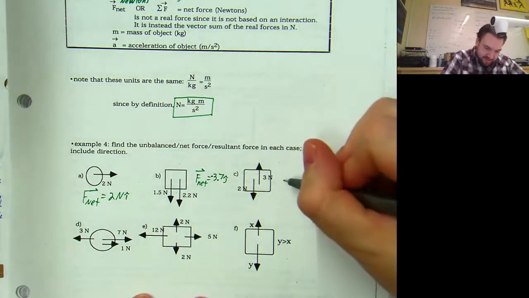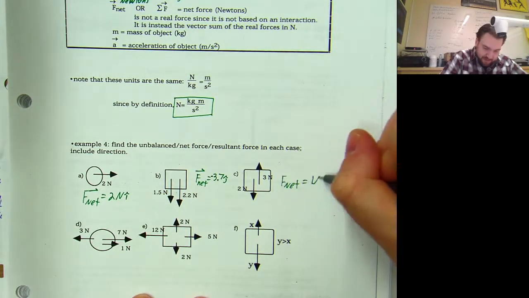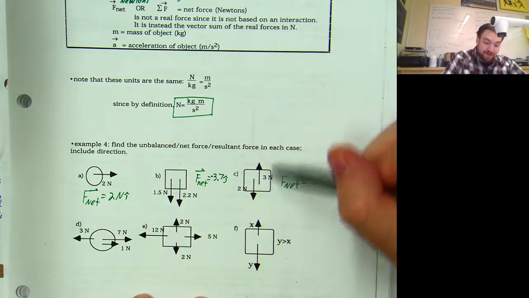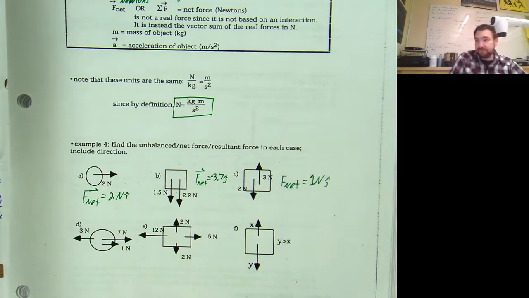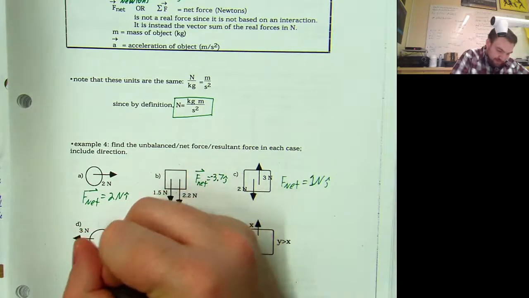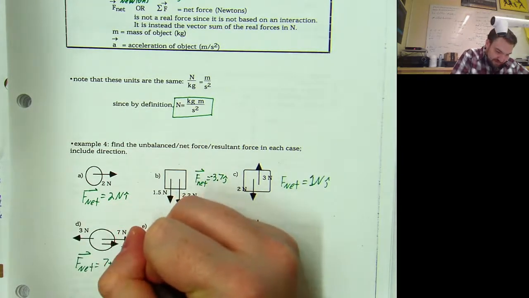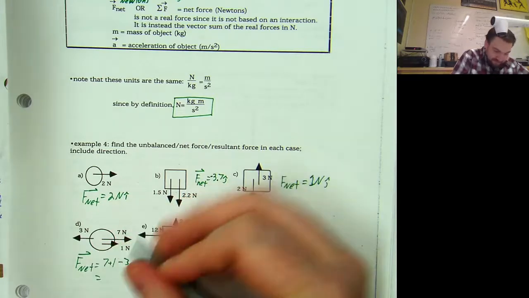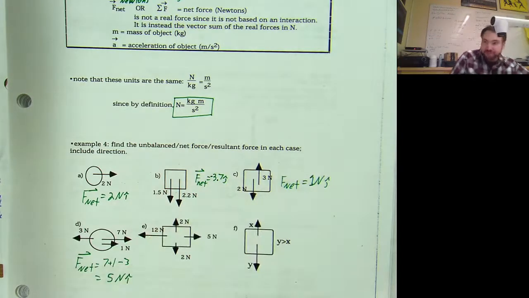This guy here, it's my F net. I've got a 3 up and a 2 down, so that's going to be 1 newton. 3 is up and 2 is down, so that's going to be positive J hat. I've got 8 to the right, 3 to the left, so F net is going to be 7 plus 1 minus 3, which equals 5 newtons in the positive I hat direction.